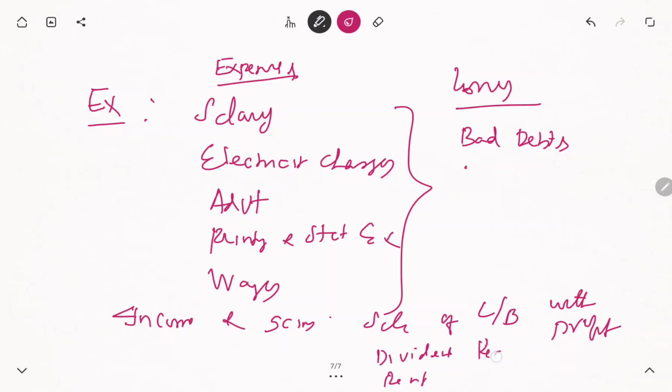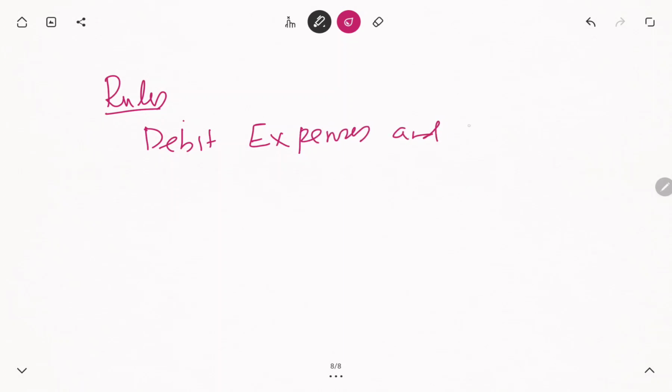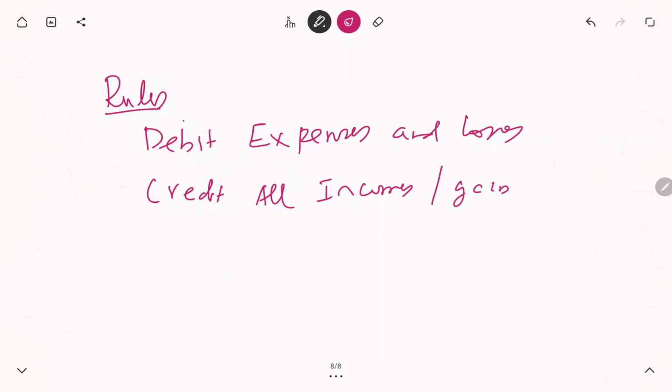Rules: debit expenses or losses. Credit all incomes and gains. Okay.